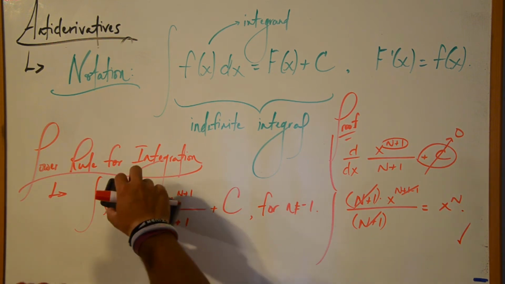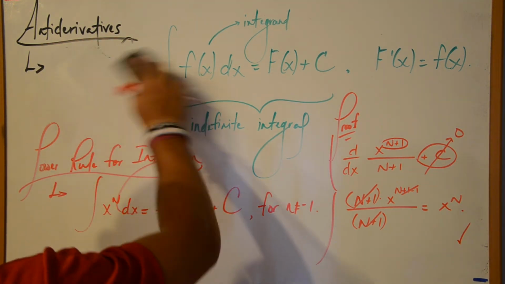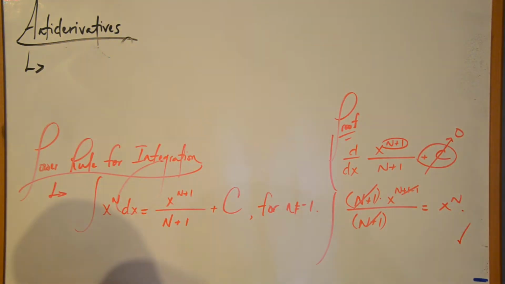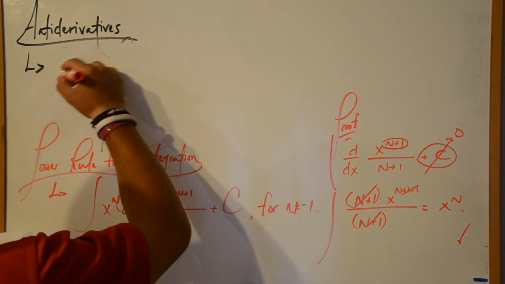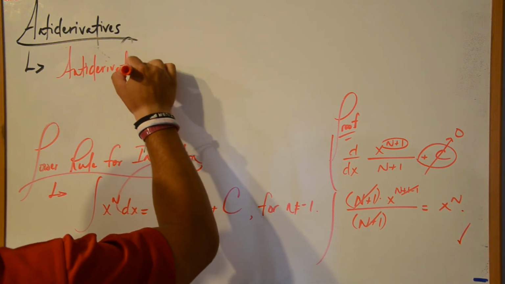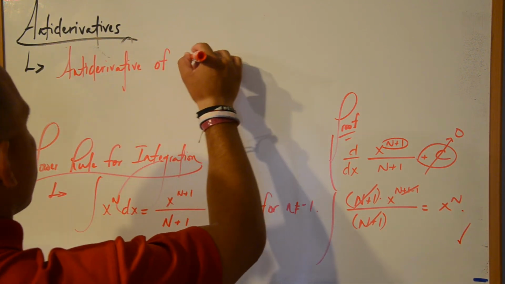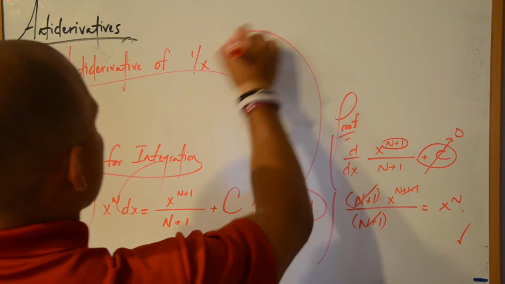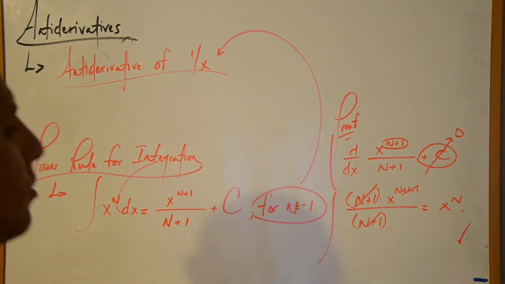What about the antiderivative of 1 over x, because this is our situation for n equals -1.